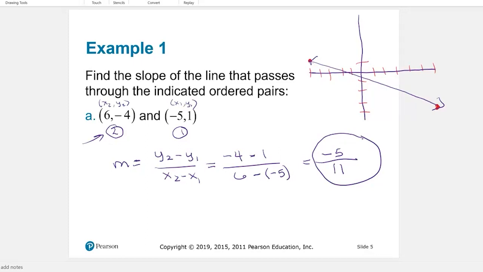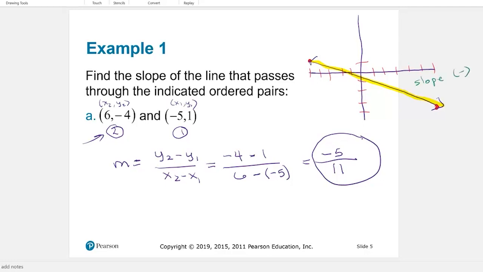When I read a graph, I go from left to right. And I can see that if I go from left to right, this line is going down, so I know that means my slope has got to be negative.